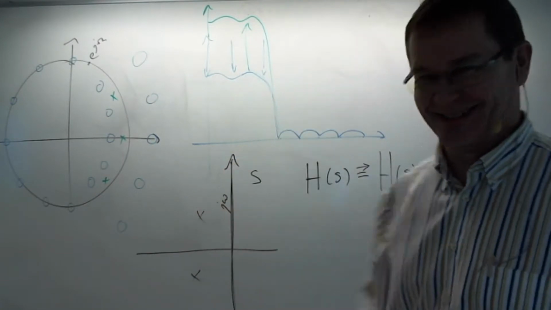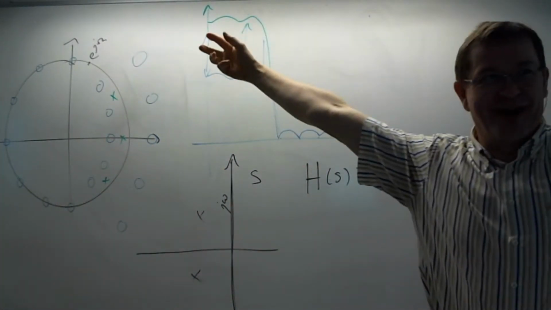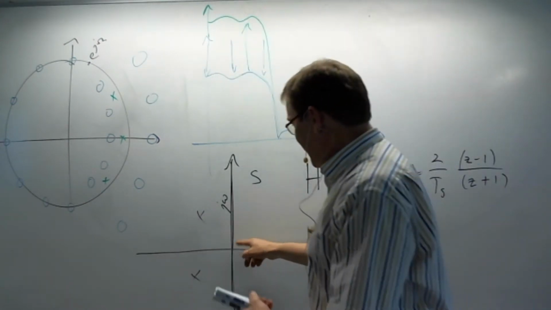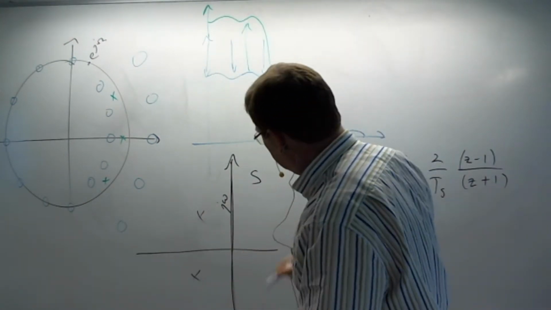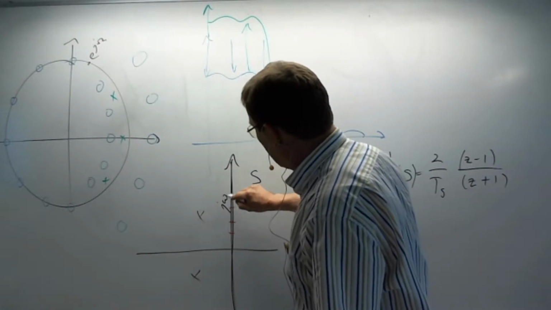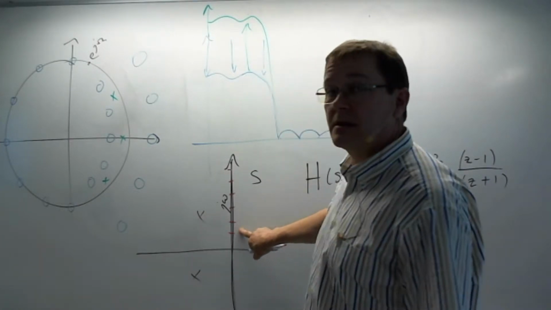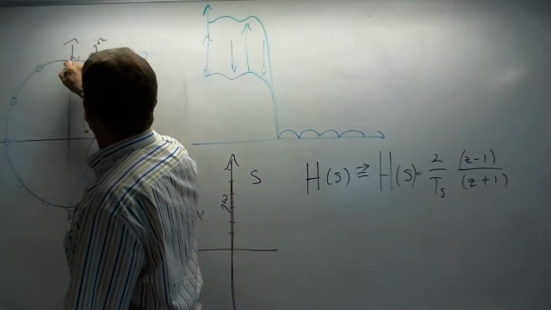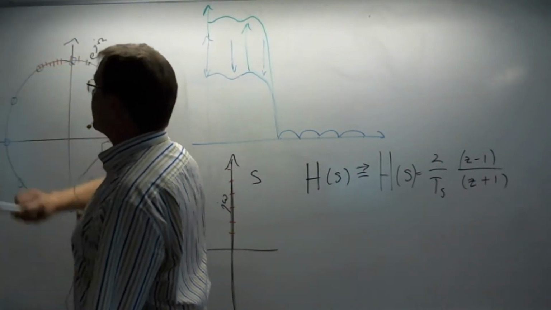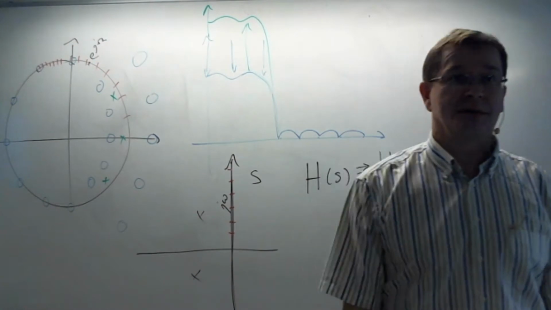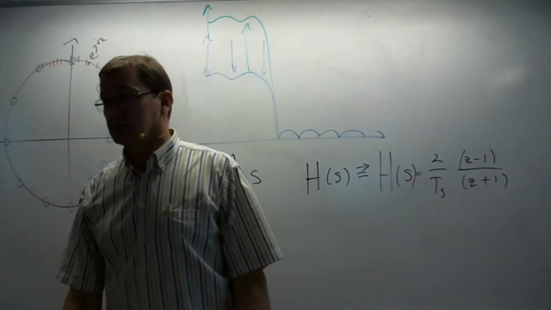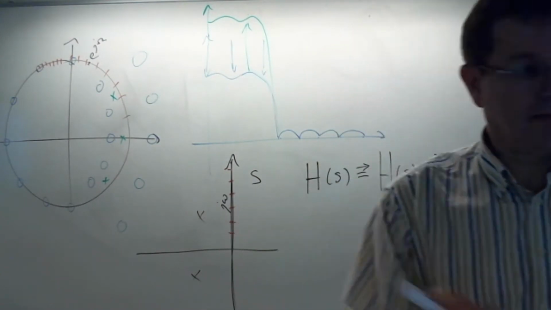If you have a somewhat linear scale here, it will map it in a very nonlinear manner onto the unit circle.